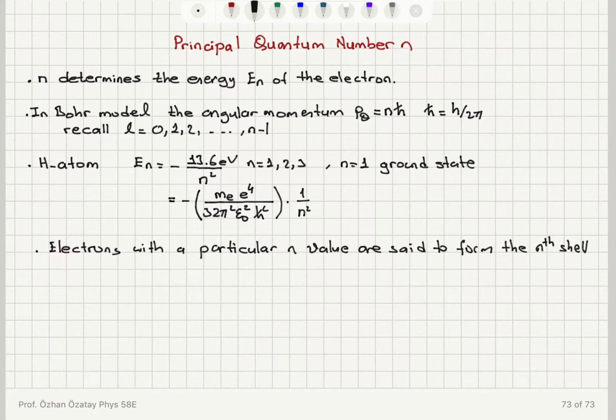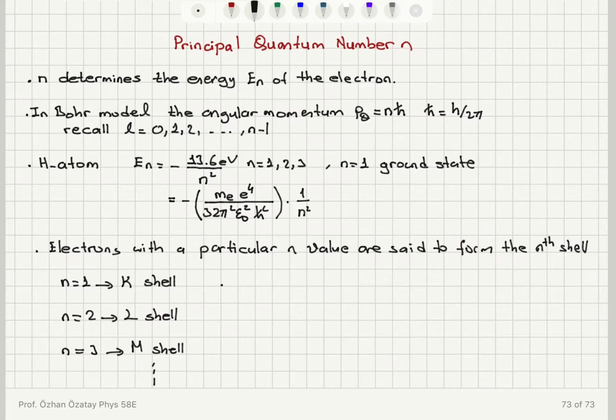These shells are named as n equals 1 is the K shell, n equals 2 is the L shell, n equals 3 is the M shell, etc.